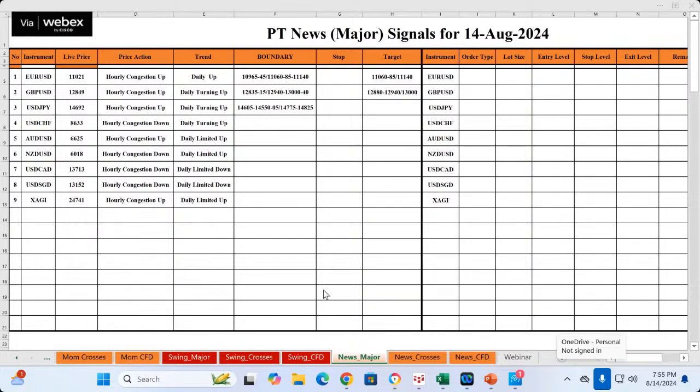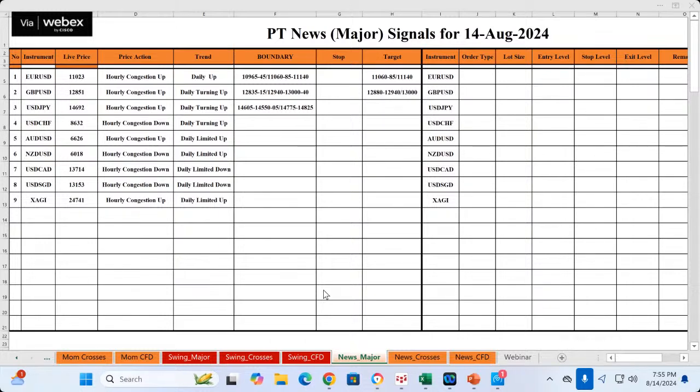This morning the market started to do some correction, and we thought the market was responding to good data and coming off into a correction on the hourly.